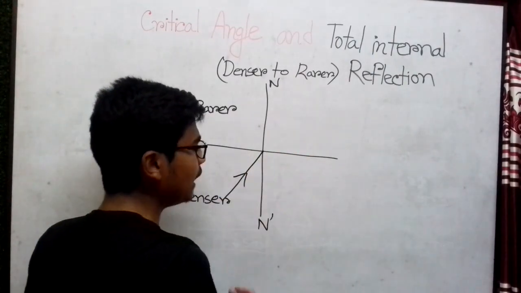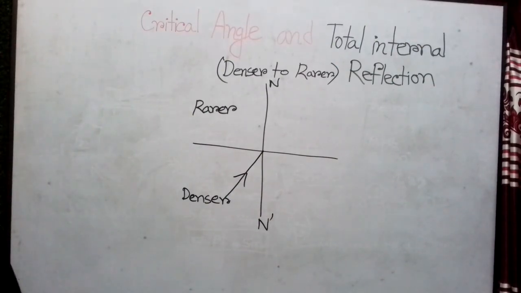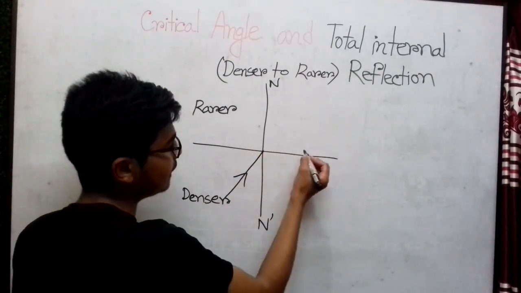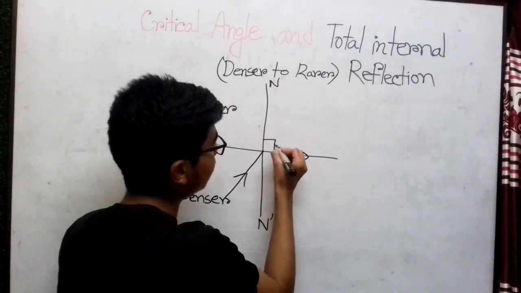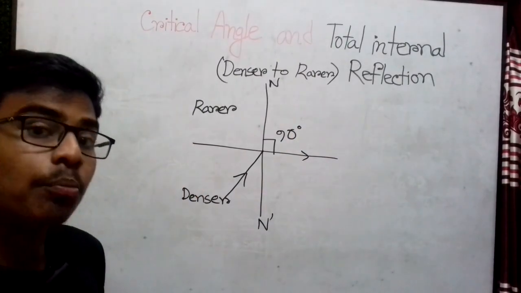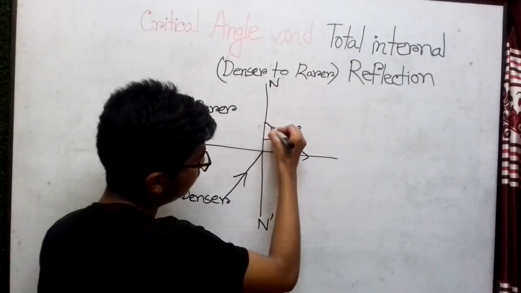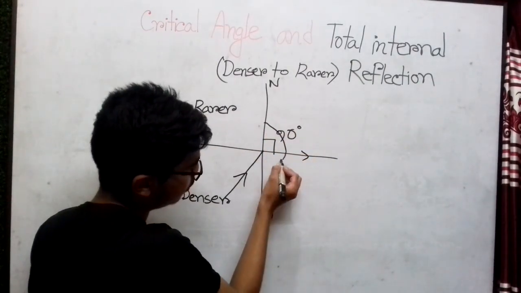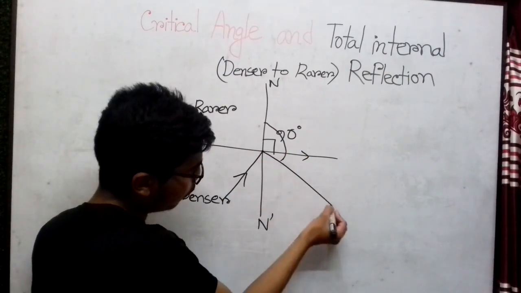Okay, so suppose the angle becomes more than the critical angle. We have seen that at the critical angle the refracted angle must be 90 degrees. But if it is more than 90 degrees, then what will happen? Suppose it ends here. That means it crosses 90 degrees, then the angle will form from there.